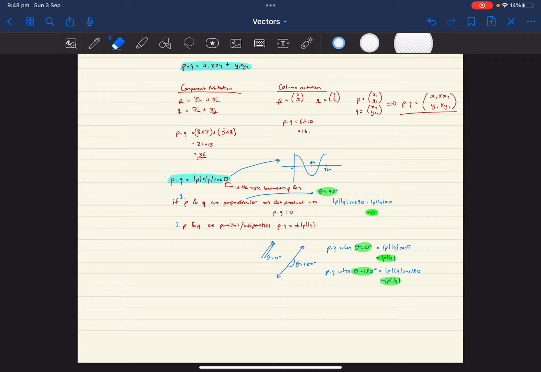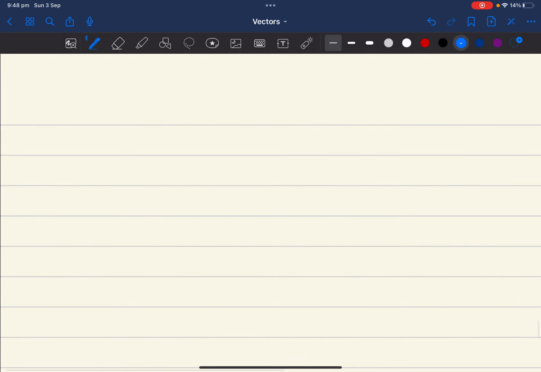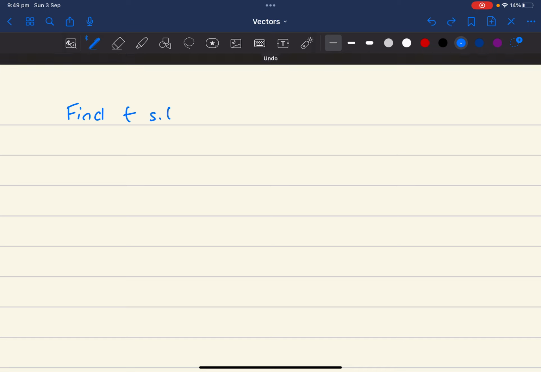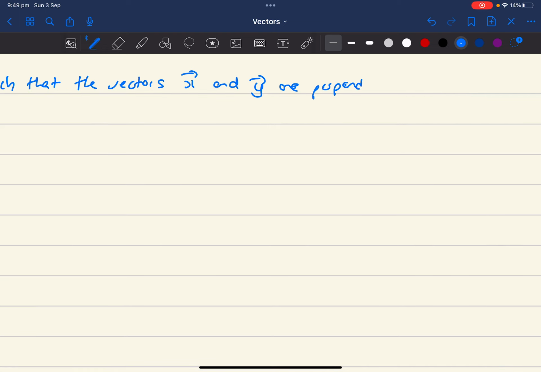All right. So let's try an example question using the dot product. Find t such that the vectors x and y are perpendicular.